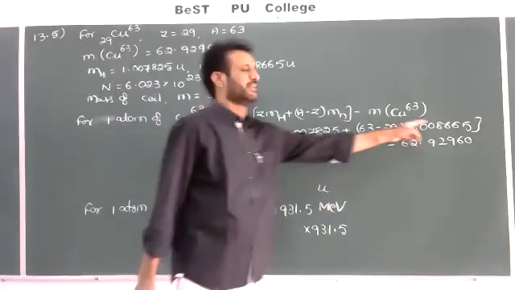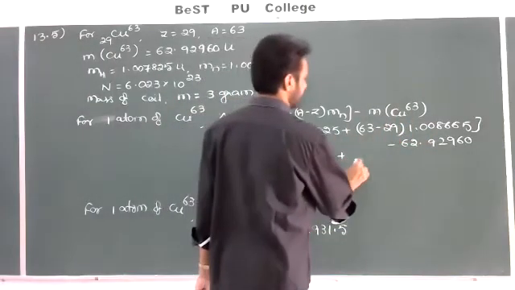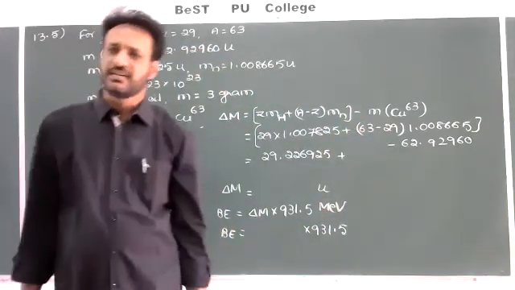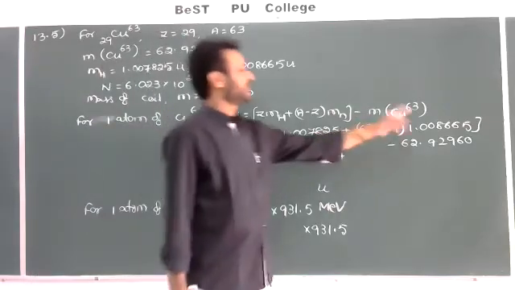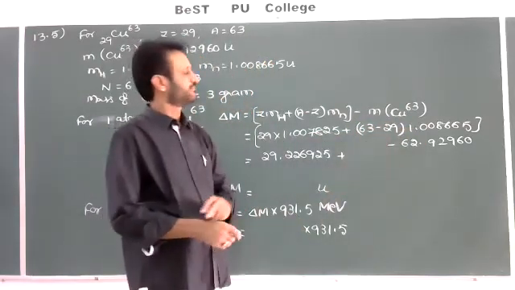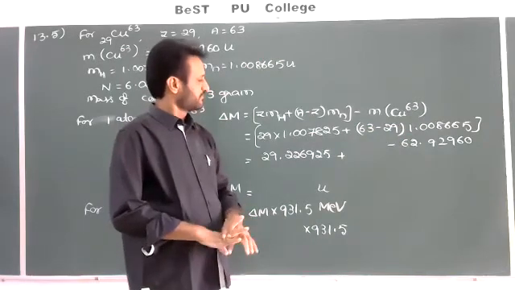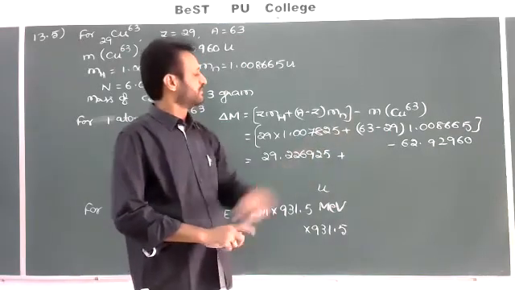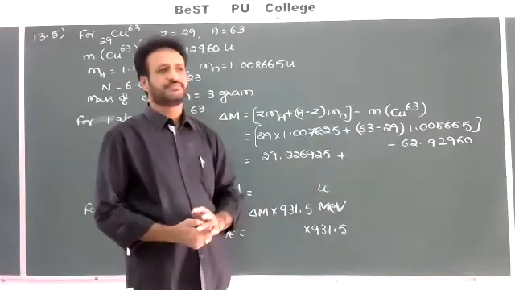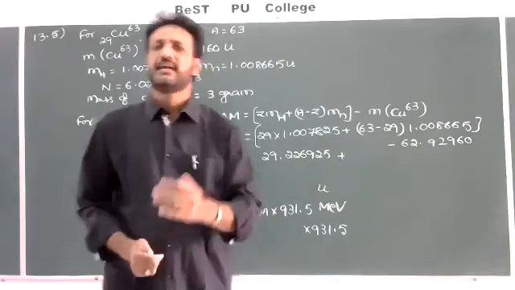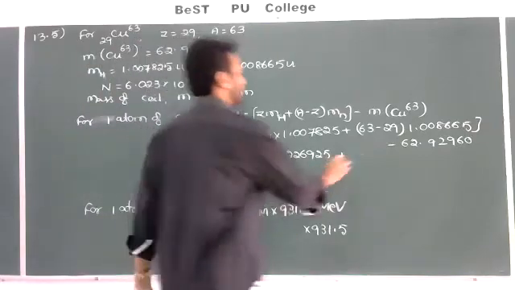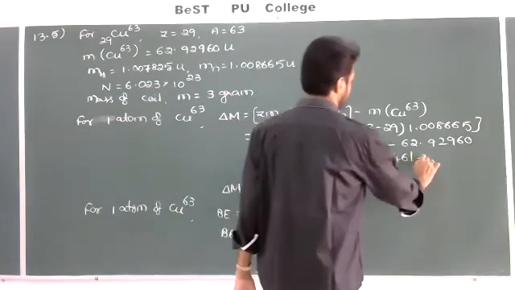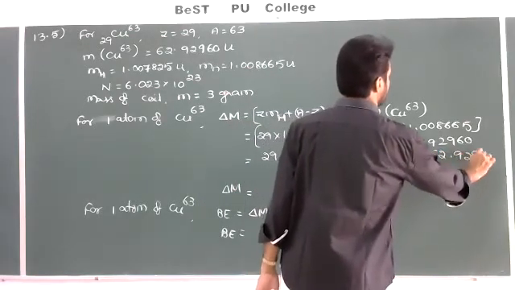Subtract first, 63 minus 29, and then multiply by 1.008665, which gives 34.29461.